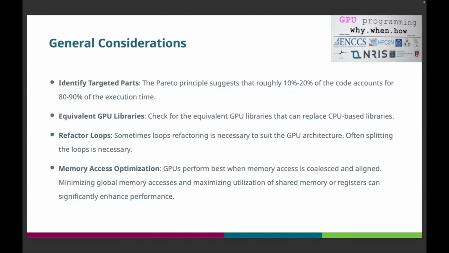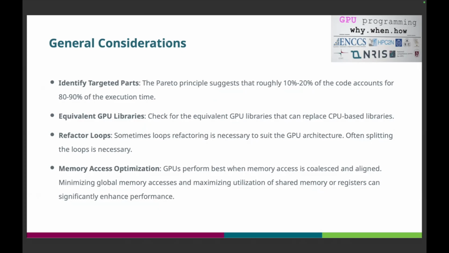First, we have to look for the so-called hotspots, identify the code where the program spends most of the time. We have this observational principle that says that about 10-20% of the code accounts for most of the execution time of the program.